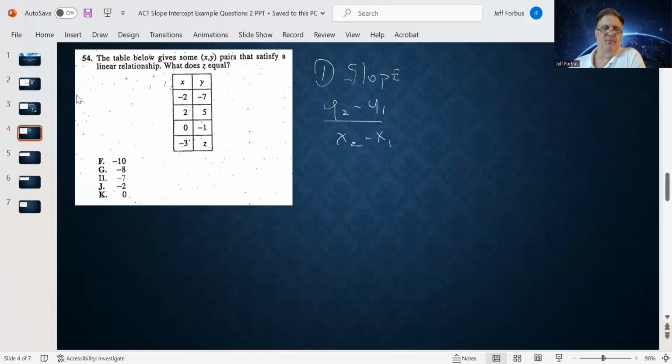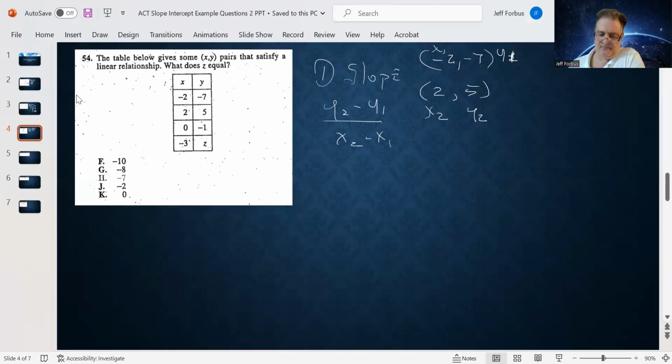I'm going to choose the points -2, -7, and 2, 5. I'm going to let -2 be our x1 and 2 be our x2. And that makes 5 our y2 and our -7 our y1, sorry.